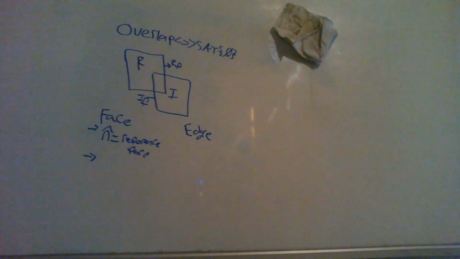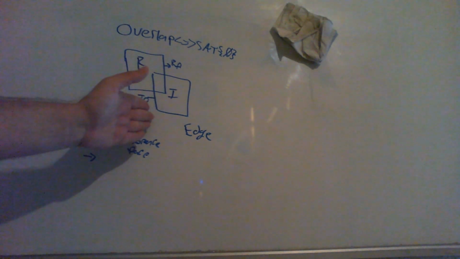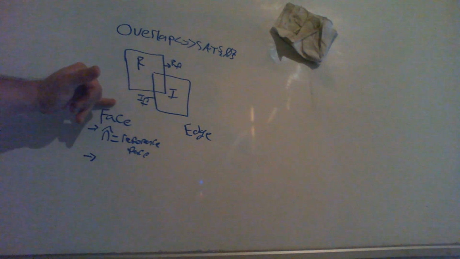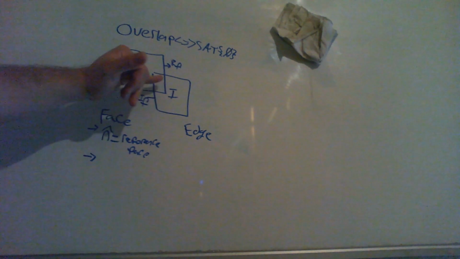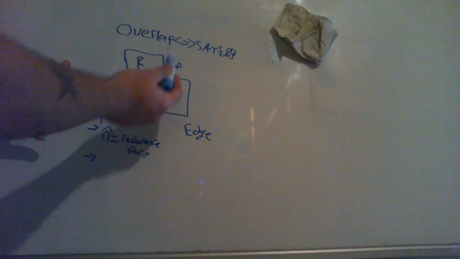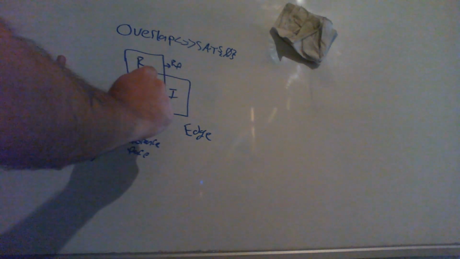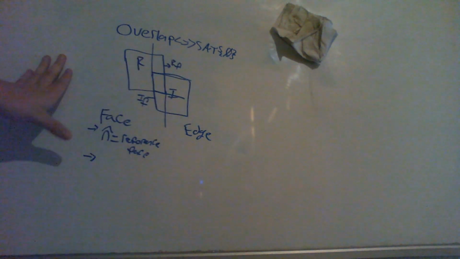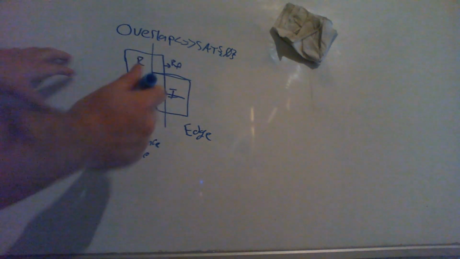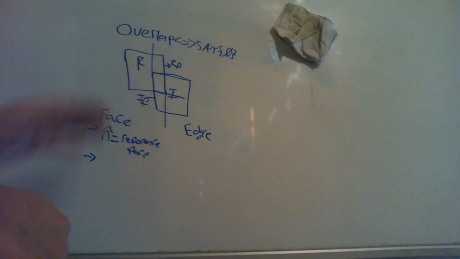So what we're going to do is take the points of the incident face and project them onto the plane of the reference face. And then we're going to use the side planes of the reference face and clip these points. So essentially, you get something like this, and you lock in the collision points. And then you move the points onto the face.